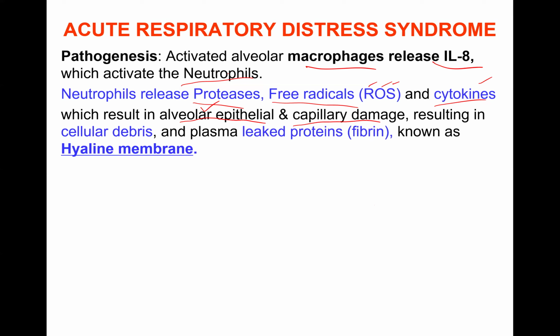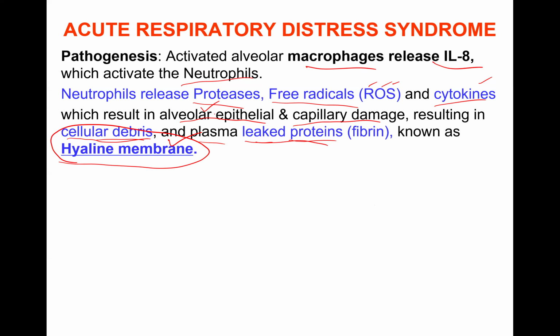Further dyspnea. So capillaries are damaged and alveolar epithelial cells are damaged, resulting in cellular debris, dead cells, plus plasma proteins leaked from the capillaries. So leaked proteins plus cellular debris is now called hyaline membrane within the alveoli, right? That is the hallmark finding of ARDS.